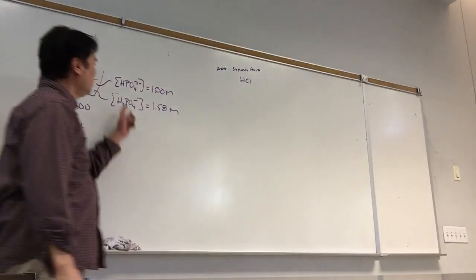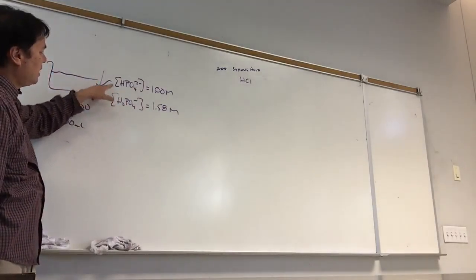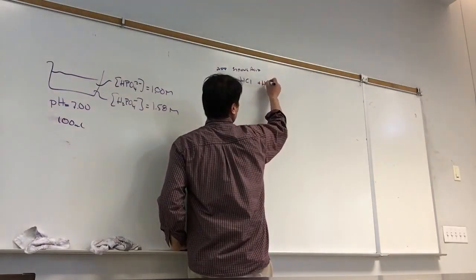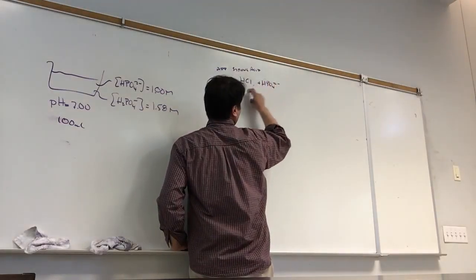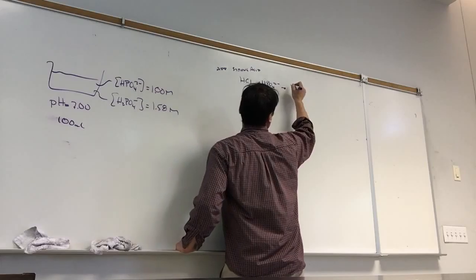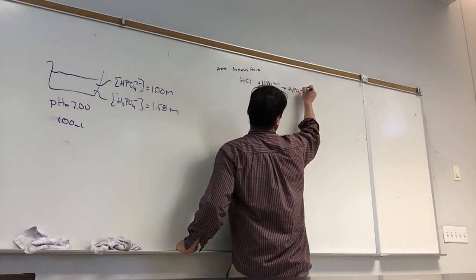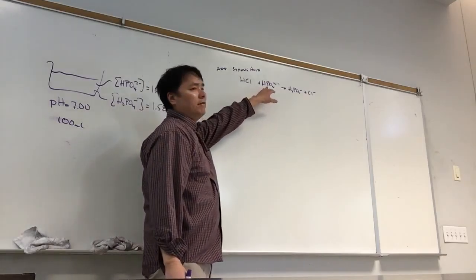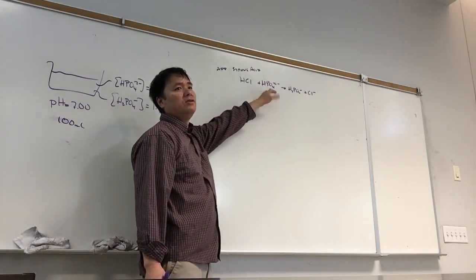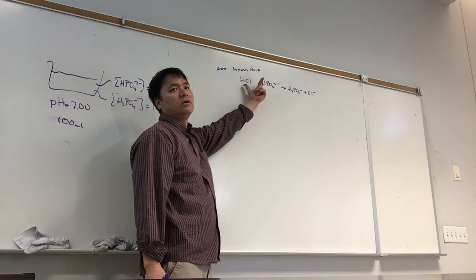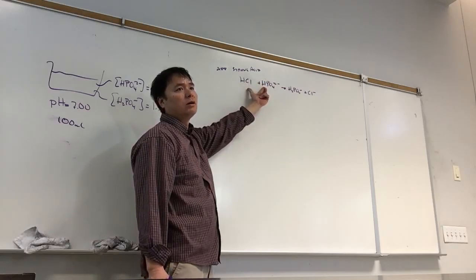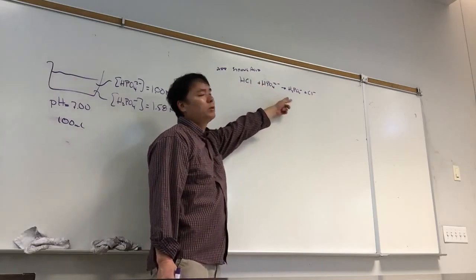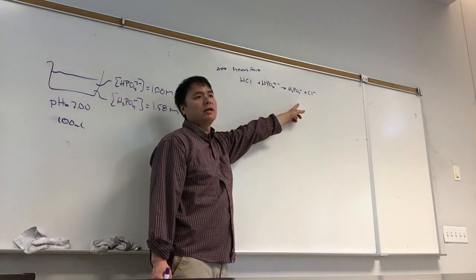If I add HCl to this, then the base component, which is HPO4 2 minus, will neutralize that. And so the HCl will react with the HPO4 2 minus to form H2PO4 minus and chloride. And so as long as I make sure I have excess buffer, I can neutralize the acid. When I neutralize the acid, I don't make salt and water though, I just make a weaker acid. And so it's taking out the strong acid and replacing it with a weaker acid, H2PO4 minus.